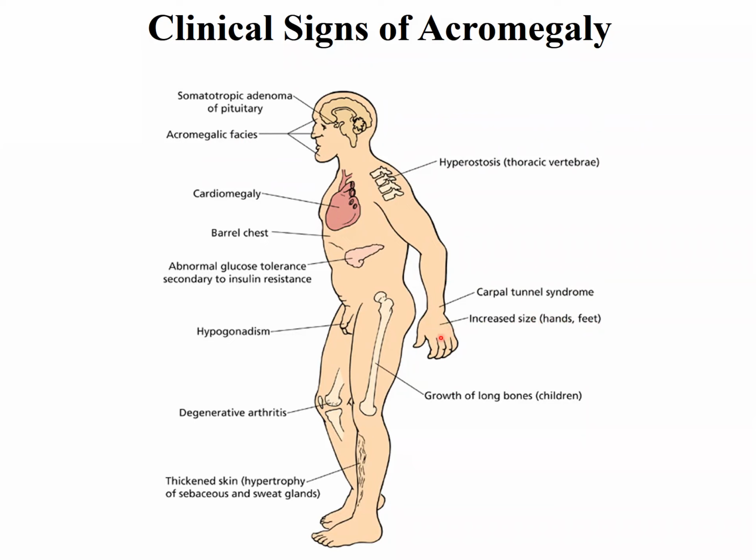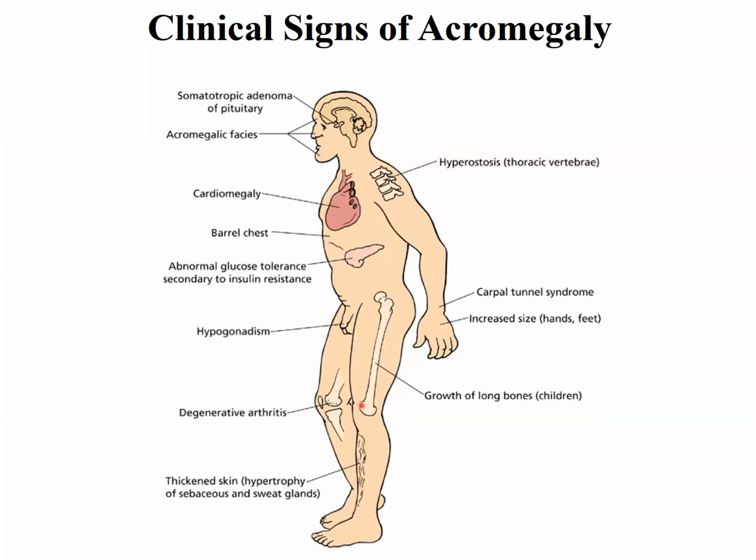This is why the gloves and the shoes get bigger and bigger, and because of the weight, that can cause degenerative arthritis of the patient, and thickening of the skin, hypertrophy of subcutaneous tissue and sweat glands can occur in this patient.